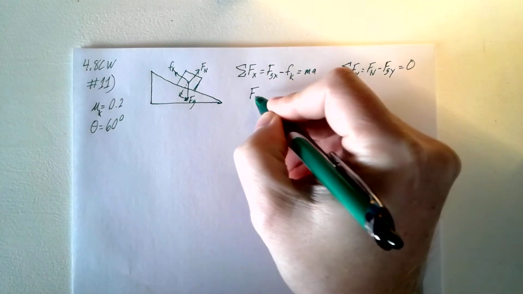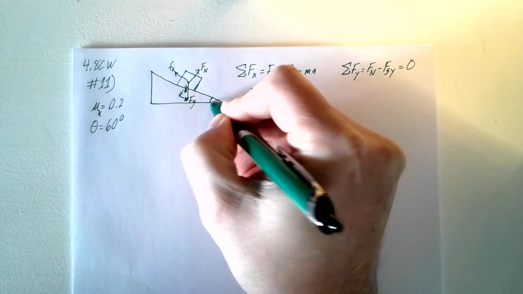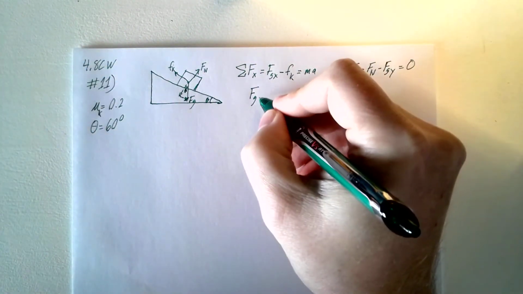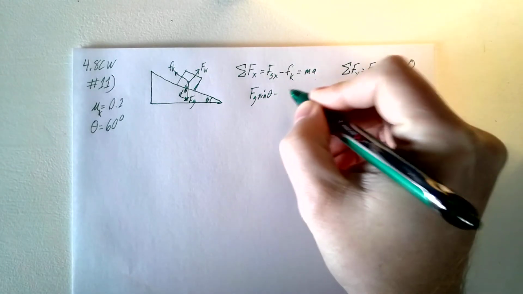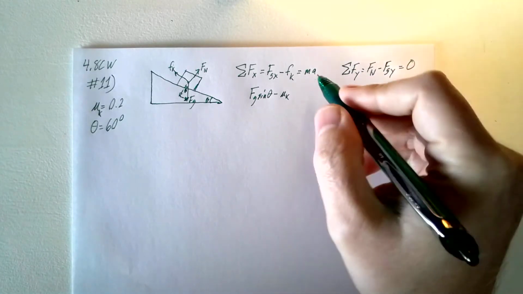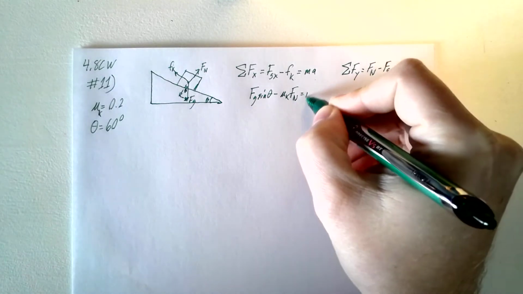All right, so Fgx, I should have put the angle in. Fgx would be Fg sine of that angle minus our coefficient of kinetic friction times our Fn, and that is equal to ma.